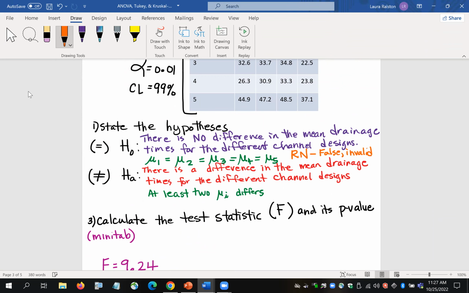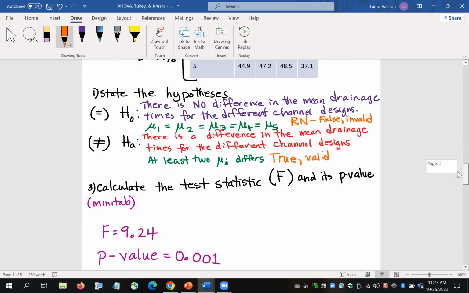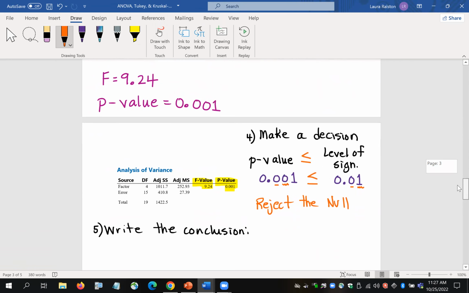And by default, then, that means that the alternative is true or valid, which means there is a difference. And so my conclusion can basically be, again, that same statement, but we need to include the level of significance.